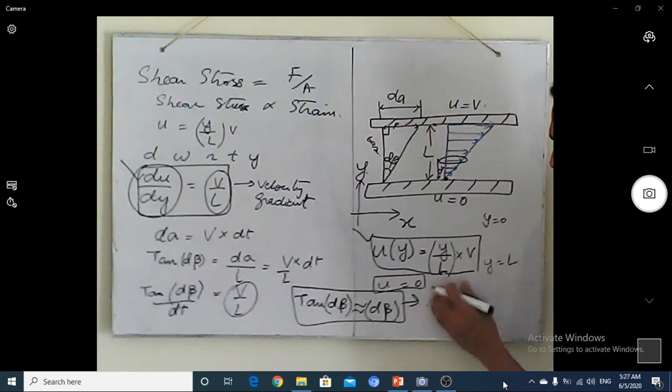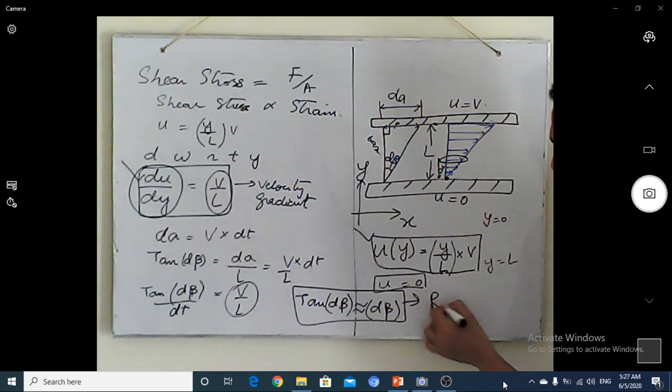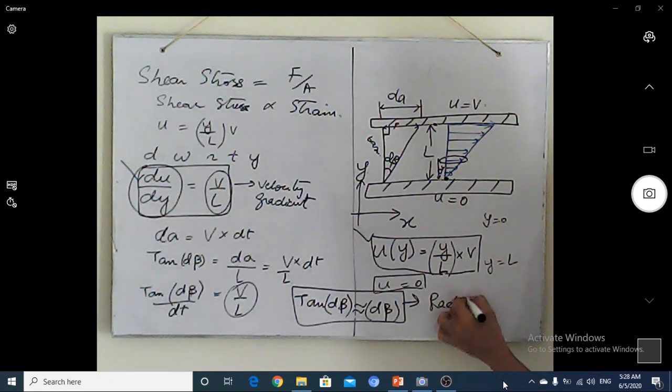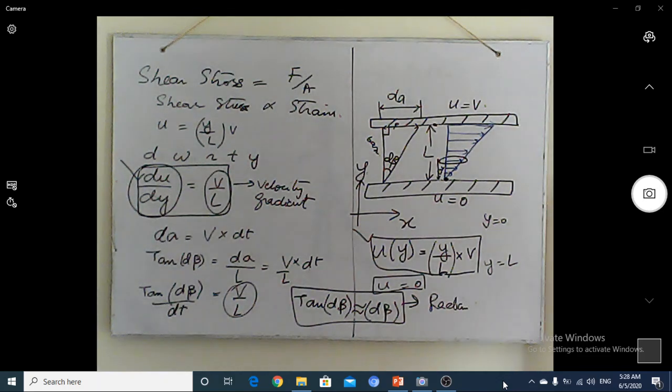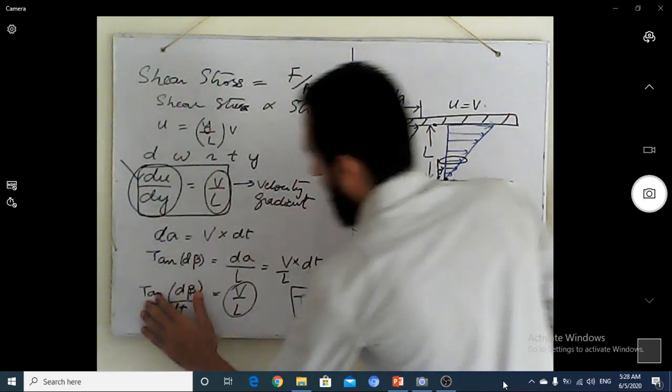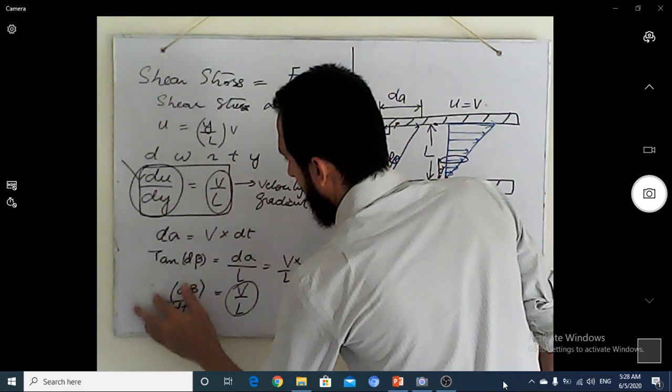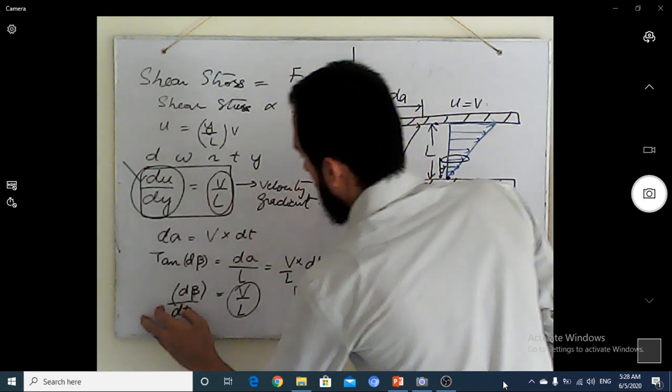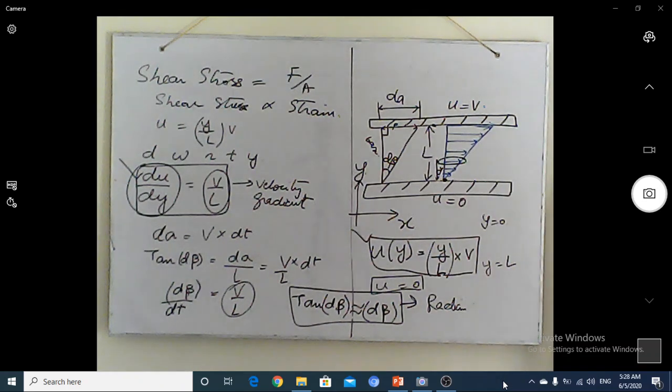It's all done in radians. Okay, so we can say that d beta over dt equals the velocity gradient.